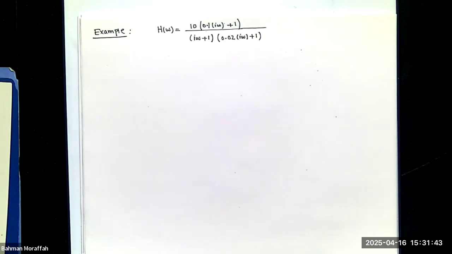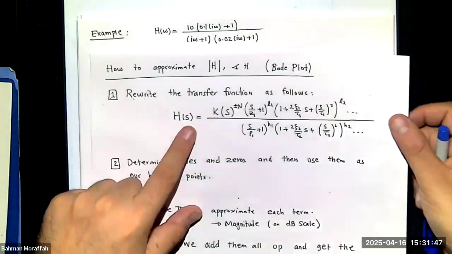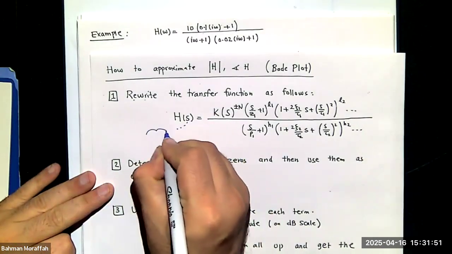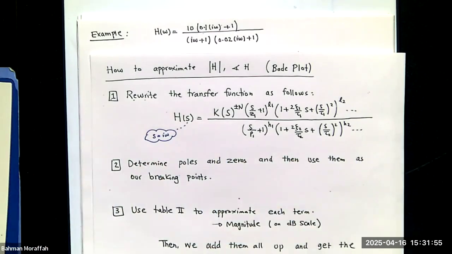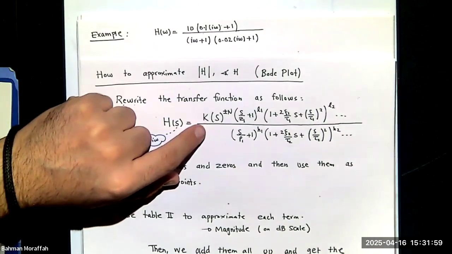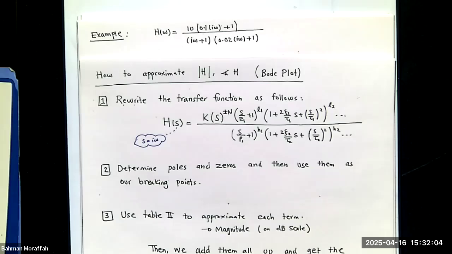The first step is to make this transfer function look like this. Remember, this s is i omega, right? How do I make this function look like this? Well, it is already like this. I just need to play with it a little bit to determine exactly what my zeros and poles are, right?